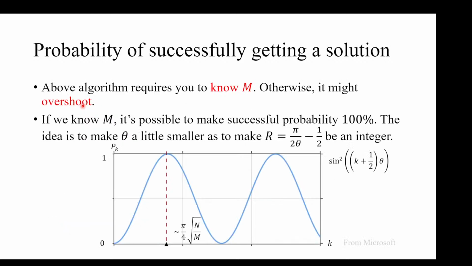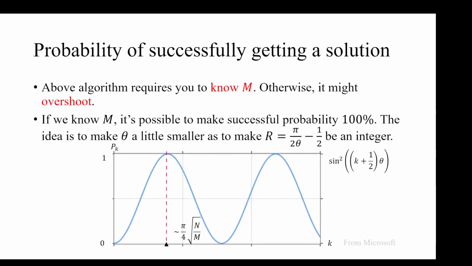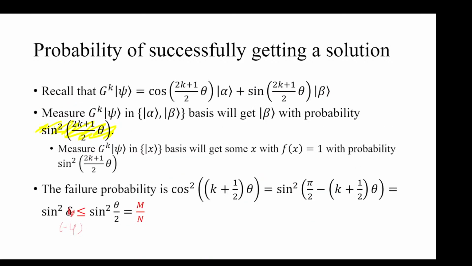Now there is a bigger problem, which is that we don't know M, and so the algorithm can overshoot. Here is a plot of the success probability. The success probability is sine squared of the angle, and the angle is linear in k.